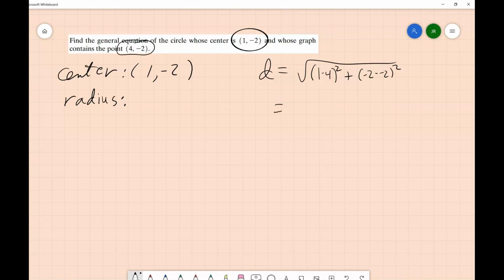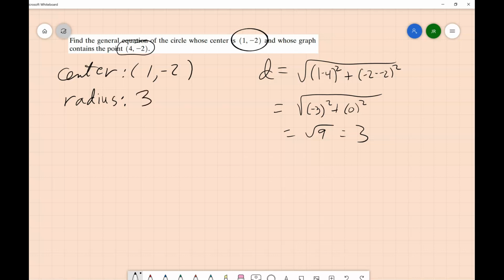And that's going to be the square root of negative 3 squared plus 0 squared. And that's the square root of 9, which is 3. So the radius is 3.